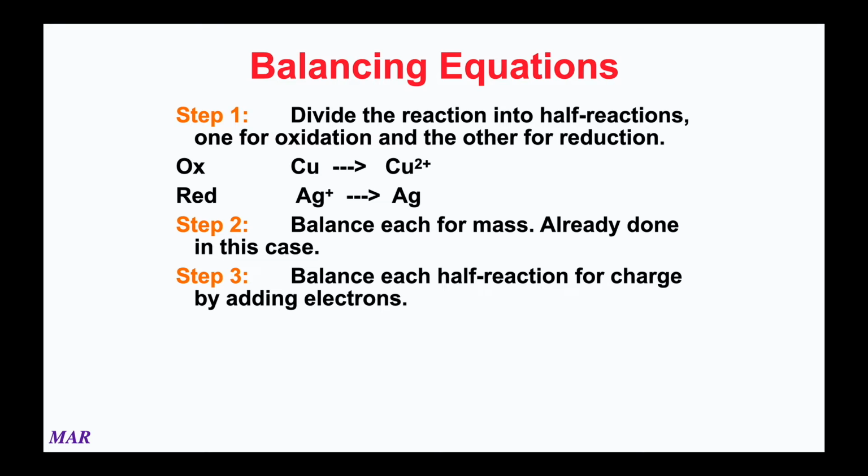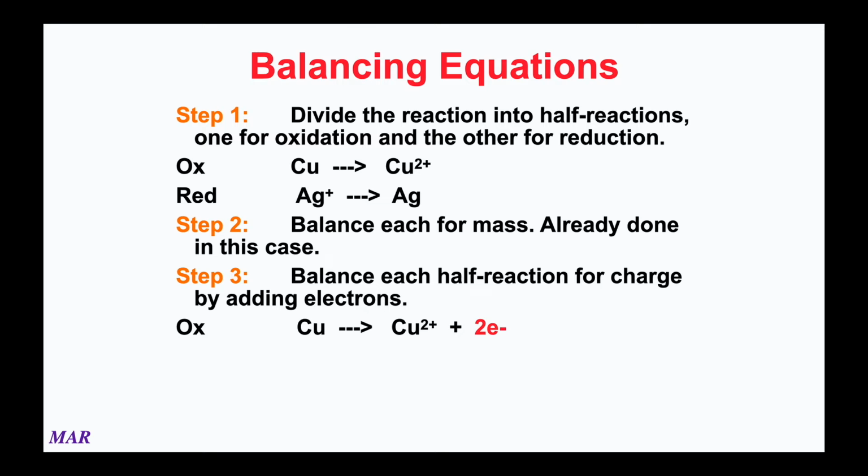If the only thing we can do is add electrons, and remembering that each electron has a -1 charge, then for that oxidizing part, we want to add 2 electrons, because 2 -1 charges plus a positive 2, that all goes to 0. And that means the product side has the same charge as the reactant side.